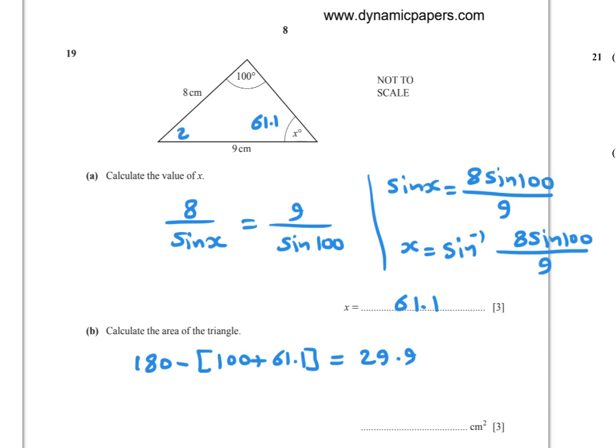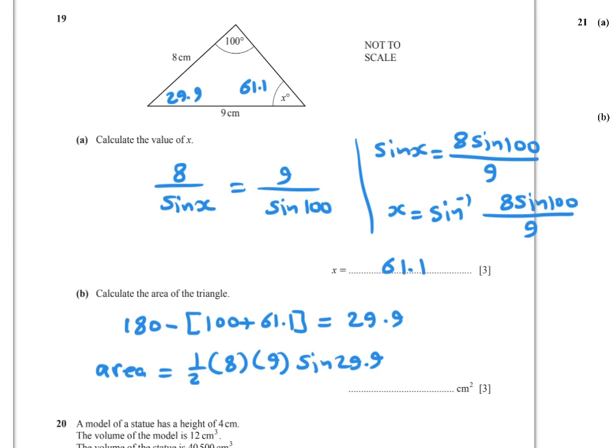Now this angle is 29.9. So the area equals half times 8 times 9 times sine 29.9 equals 11.7 to 3 significant figures.